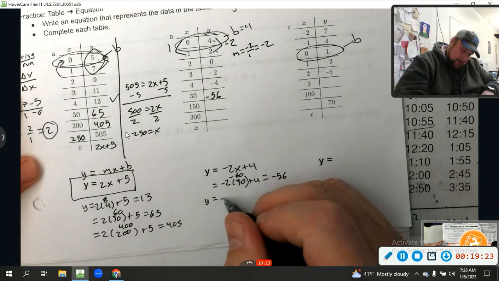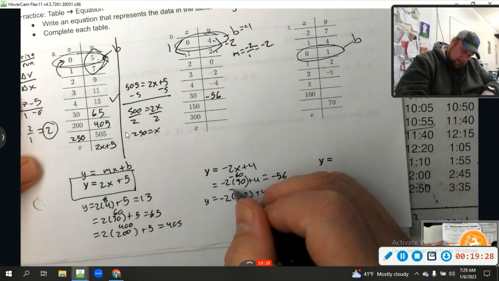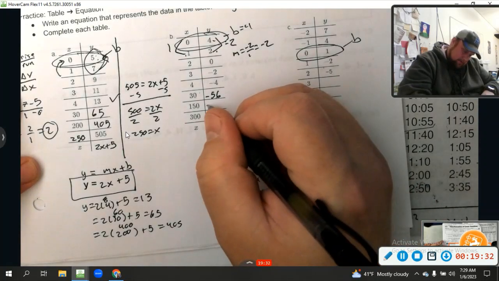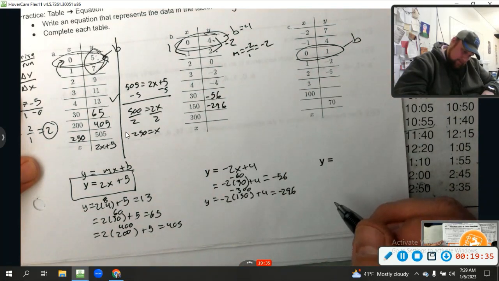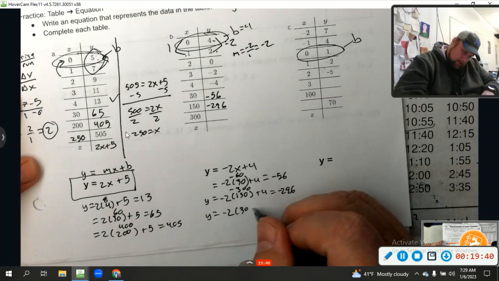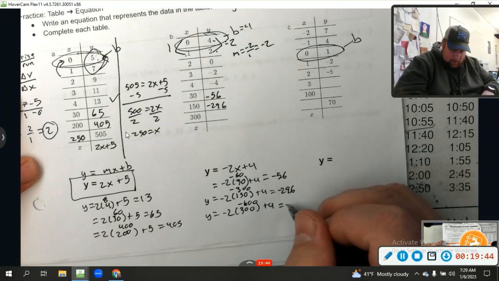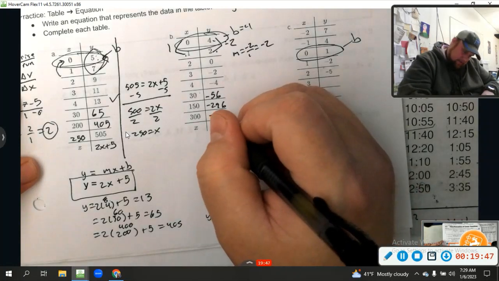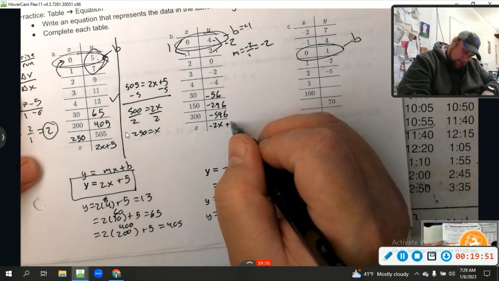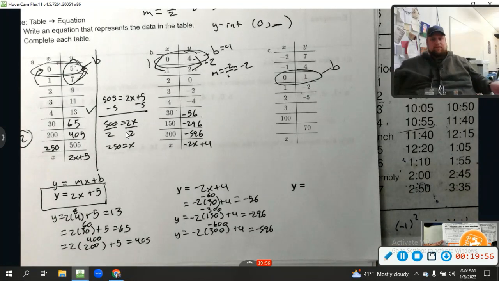Y equals negative 2 times 150 plus 4, which is going to be negative 300, or negative 296. 300 equals negative 2 times 300 plus 4, which is negative 600, or negative 596, which is just negative 2x plus 4. Boom. Take a minute, see if you can do this last one. Ready, set, go.